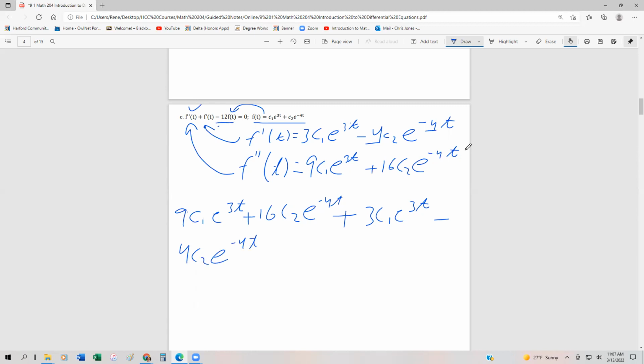And then finally, we get minus 12 of the original function. So that's minus 12 c1 e^(3t) minus 12 c2 e^(-4t). All right, and that should be equal to 0. Okay, we're going to hope.